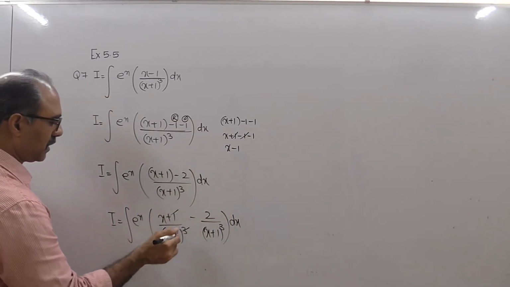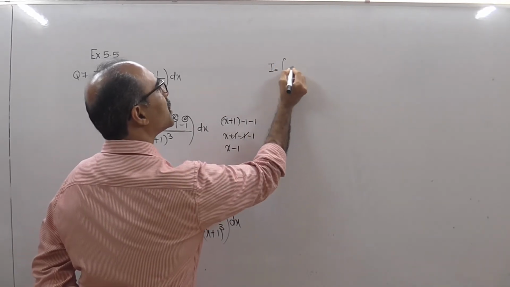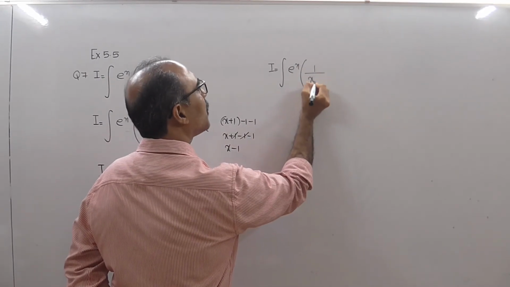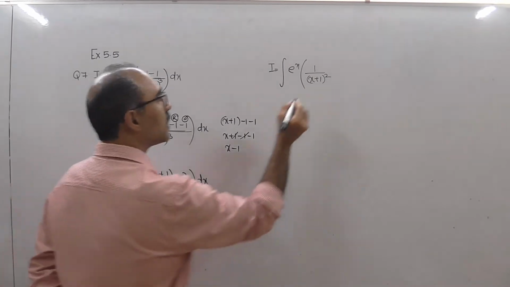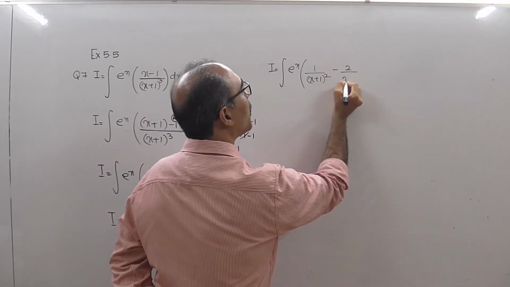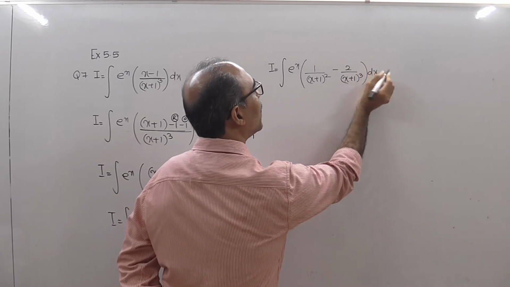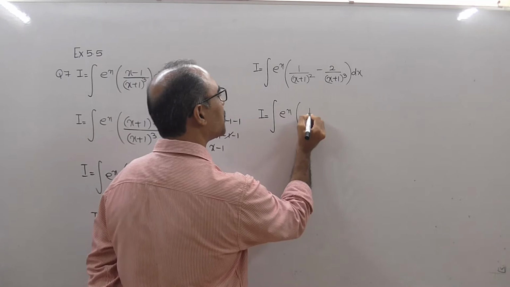I think I can cancel this. I get this as I equal to integration e raised to x. This is 1 upon x plus 1 the whole square minus 2 upon x plus 1 the whole cube and dx. I equal to integration e raised to x.